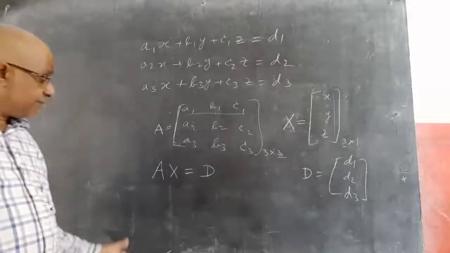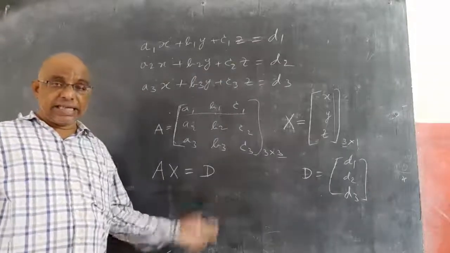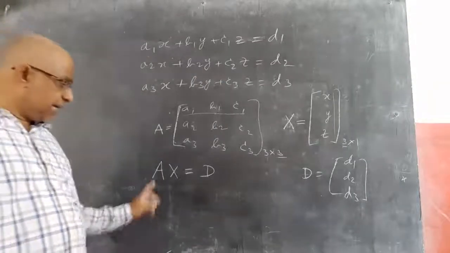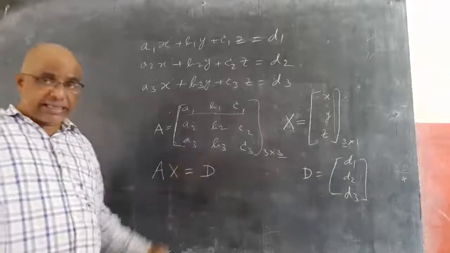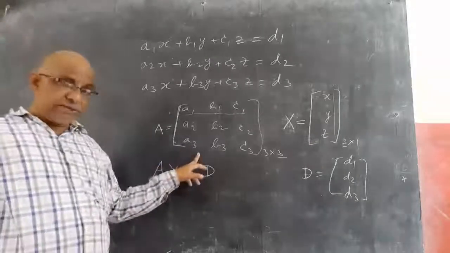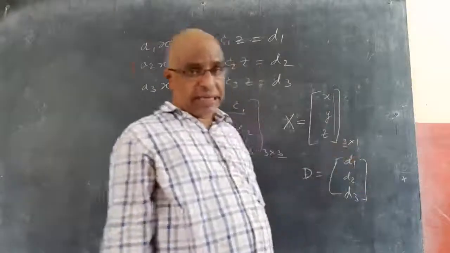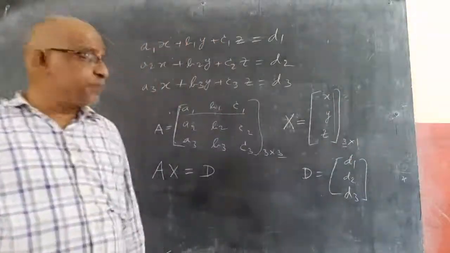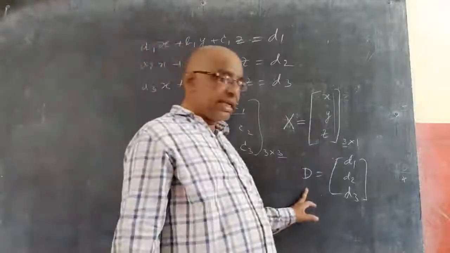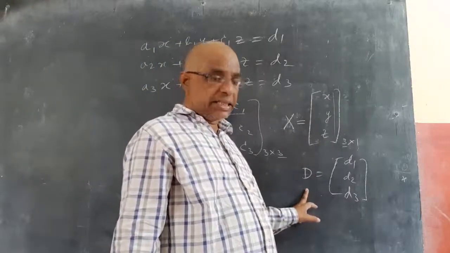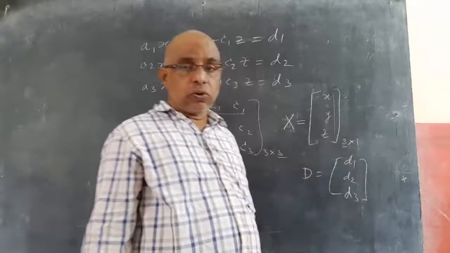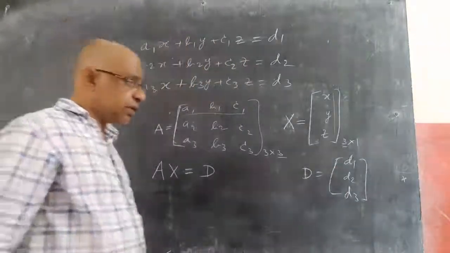So the given three equations I can write like this: AX equal to D, where A is the coefficient matrix, X is the variable matrix with one column, and D is the constant matrix, formed with the constants with one column. Three rows, one column, 3 by 1.